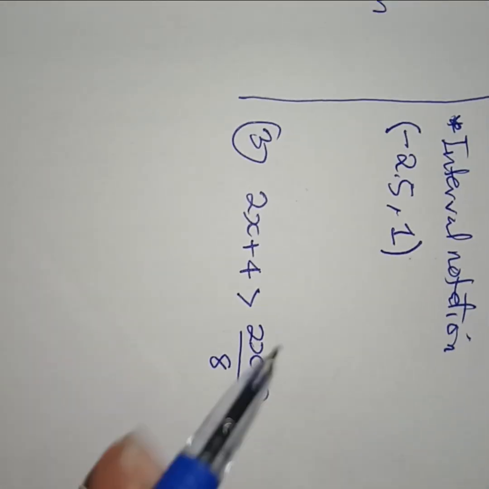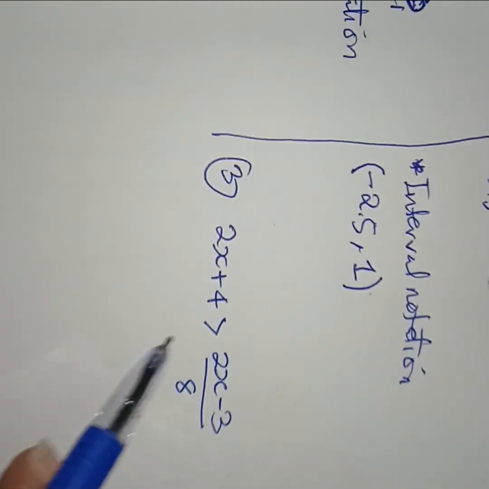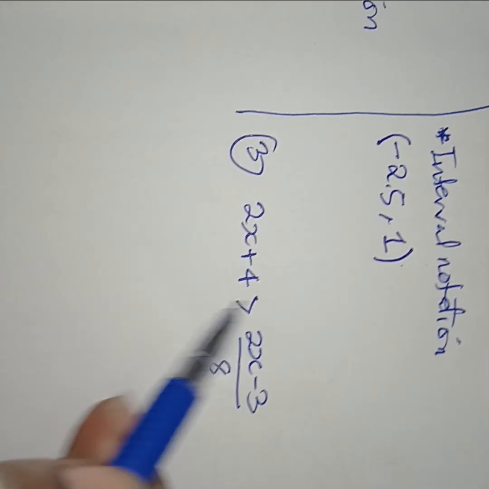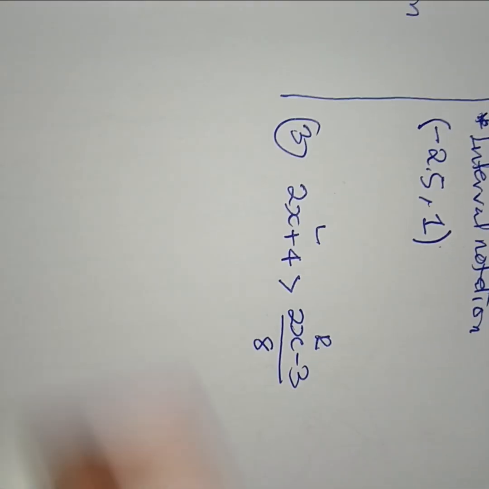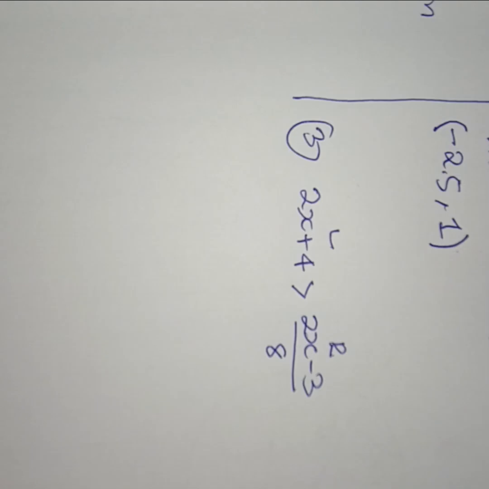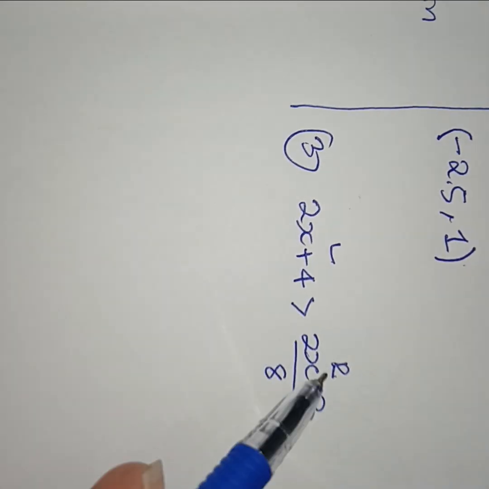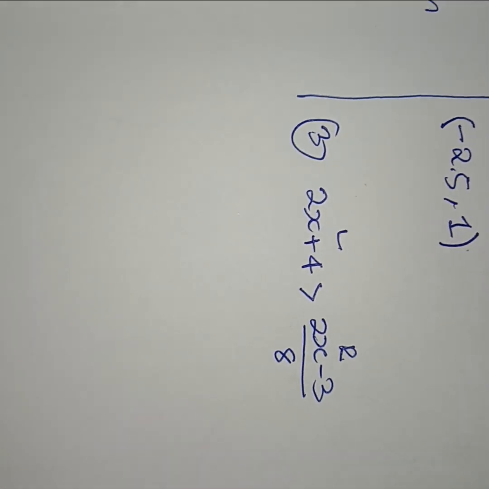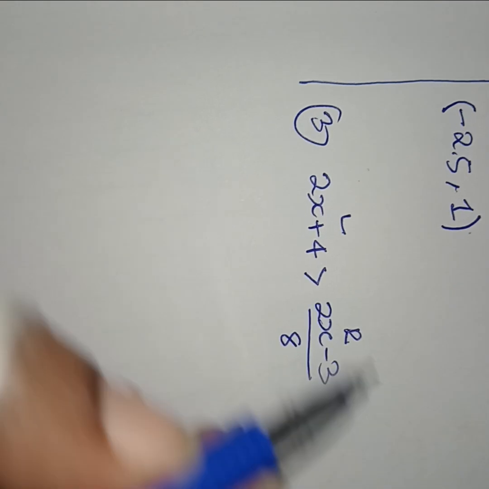This is not a compound inequality, it's a single one with only one inequality sign and only two sides to it. So what you do is you bring numbers to one side and x to one side. It's nicer to put x on the left and the numbers on the right. Okay, let's get started.